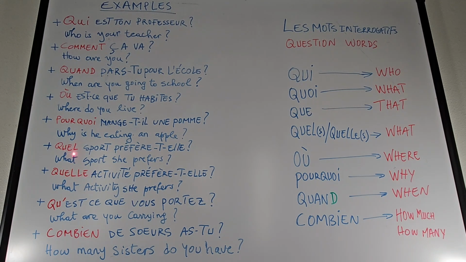Also we have quelle with double L and E at the end, which is feminine and singular. Quelle, because the noun activité is feminine. Une activité is feminine.